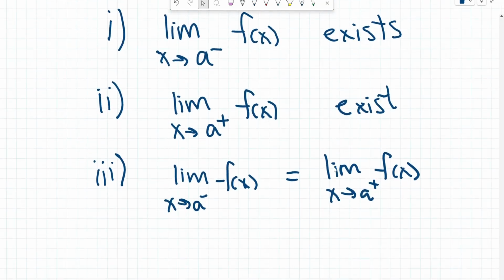First, the limit as x approaches a from the left-hand side, indicated by this minus, has to exist. In parallel, the limit of f of x as x approaches a from the positive side, which is the right-hand side, also has to exist. And furthermore, not only do these two sides have to exist, but they have to equal each other.